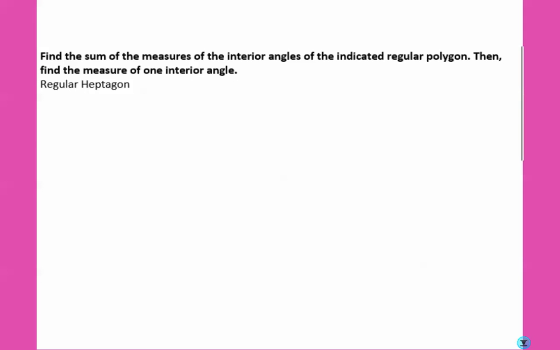So using our sum of the interiors formula, a heptagon, remember, has 7 sides. Minus 2 times 180 tells us that there are 900 degrees inside of our heptagon. So that's the sum of the interiors.